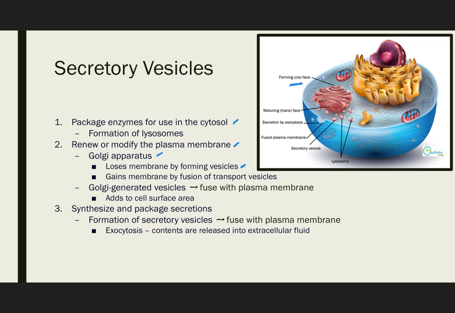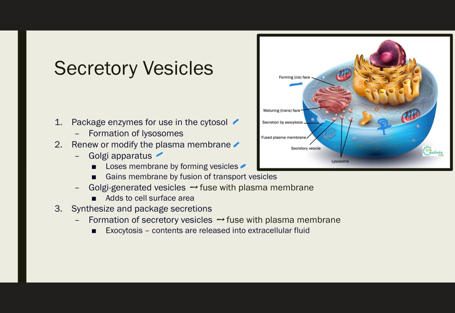We will talk more about endocytosis later, but when endocytosis occurs, molecules are going into the cell, so they are bringing part of the membrane into the cell, and therefore the cell loses part of the cell membrane.